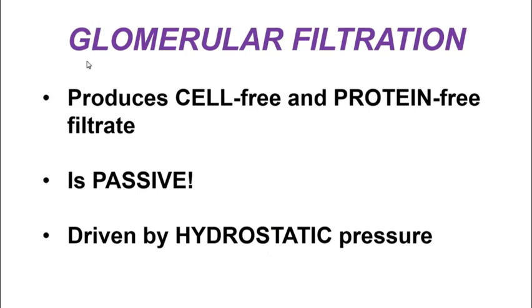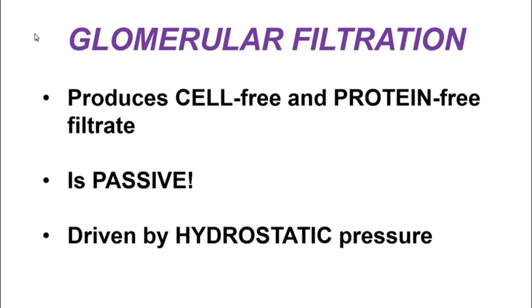Hydrostatic pressure is also known as blood pressure. Since the glomerular capillaries are blood vessels, the pressure inside of those vessels is what drives that filtrate into the glomerular capsule. So recall that hydrostatic pressure is the force of a fluid on the wall of a blood vessel or a pipe or something like that.